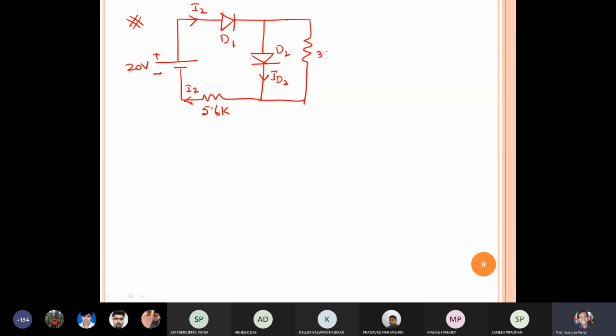And it is 3.3 kilo ohm, and the current here is I1. The question is: find I1, I2 and ID2. Is it clear? Is it clear?